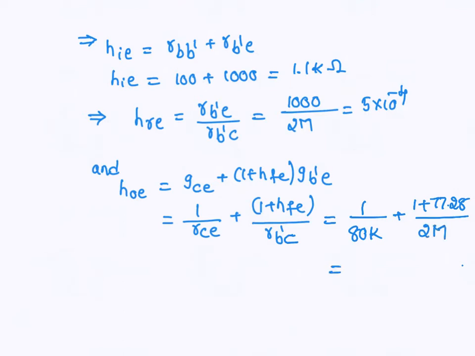If you solve this, the value of Hoe will be 59.619 into 10 power minus 6. So this is the answer.